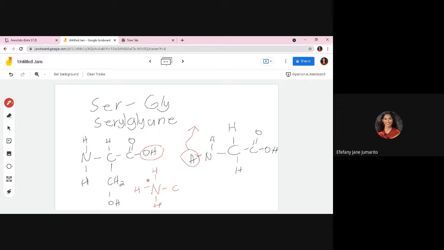The N terminal is positive, so NH3 plus. Then we have the R, CH2OH.